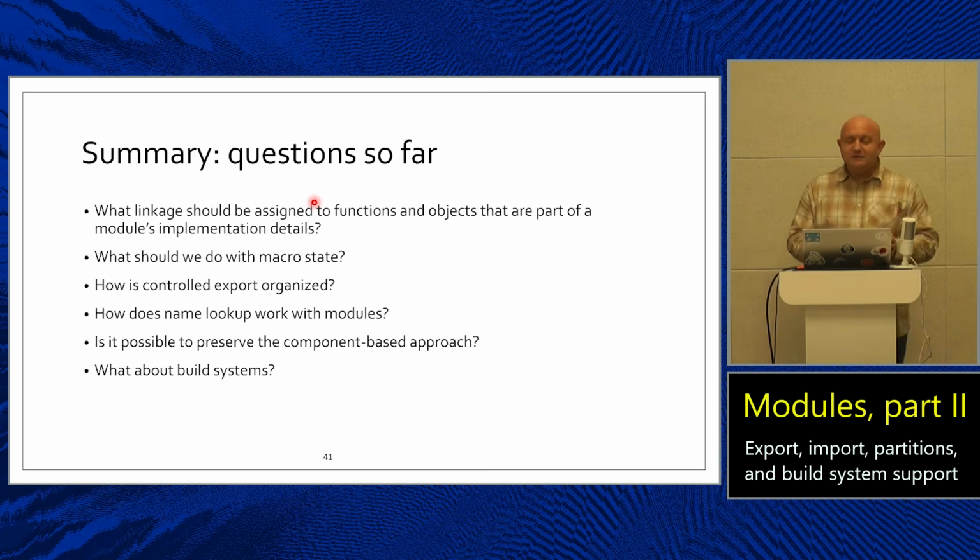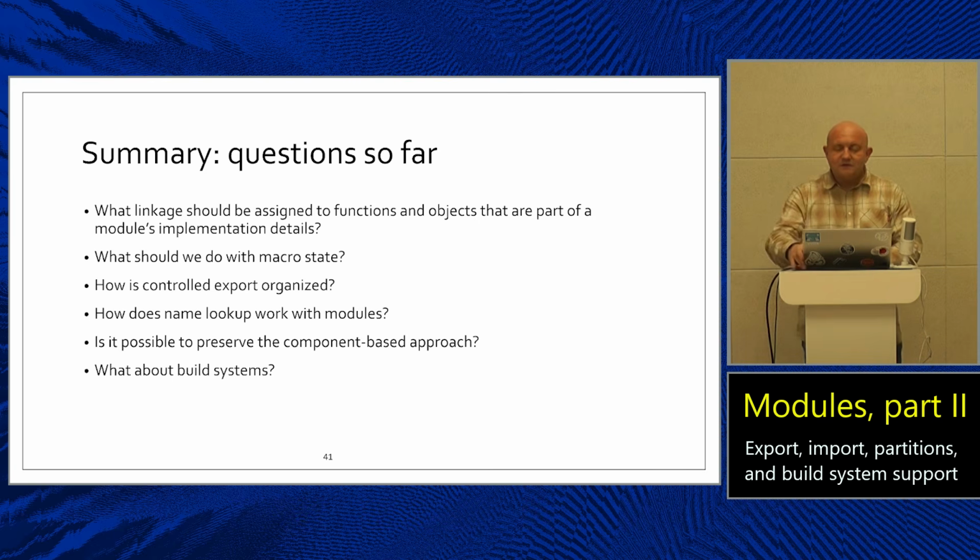We seem to need something in between. Then what do we do with macro state? We tried to solve that with precompiled headers, and it turned out to be a terrible idea. If you serialize macro state, you can't merge it, which means you can only have one such header.